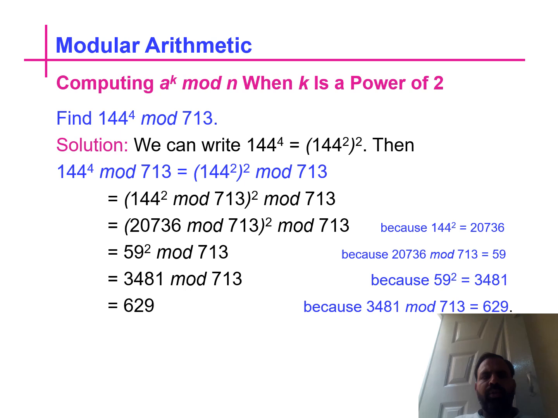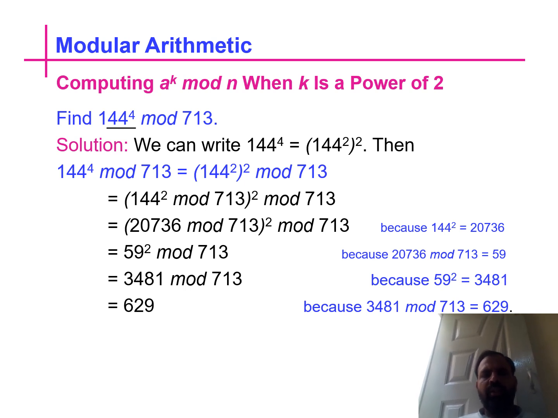Here we are computing a^k mod n when k is a power of 2. We find 144^4 mod 713. We can write 144^4 as (144^2)^2. Then 144^4 mod 713 is equal to (144^2 mod 713)^2 mod 713.